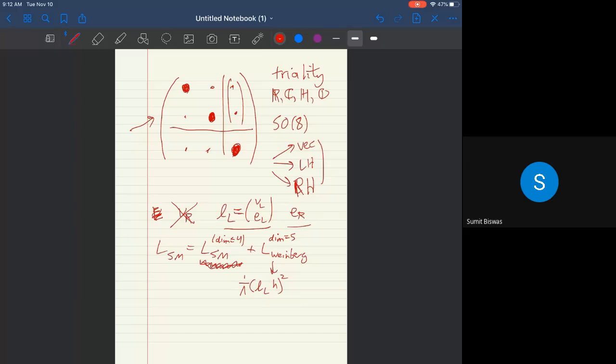When the Higgs gets a VEV, this term acts like a mass term for the left-handed neutrino, and it's a very light mass term because it's suppressed by some high mass scale lambda. So you can explain the observed neutrino masses without adding a right-handed neutrino.